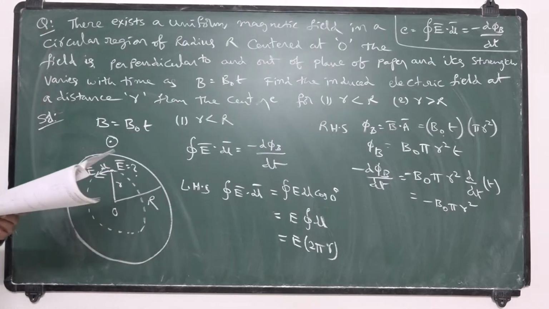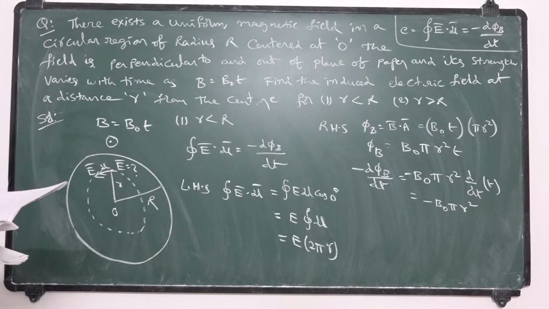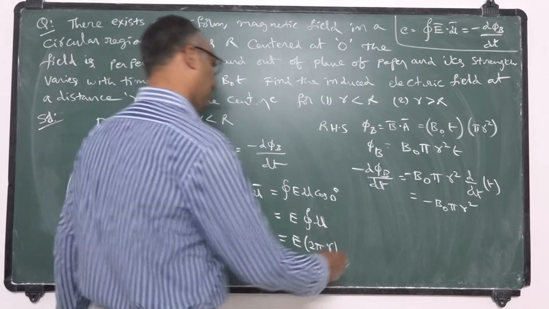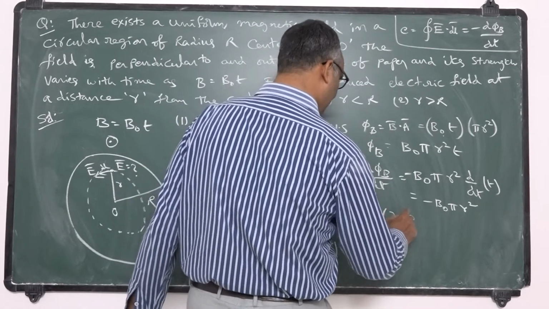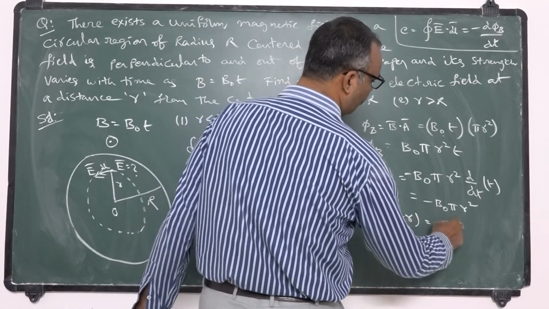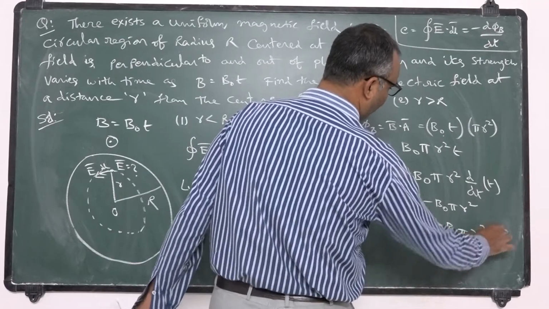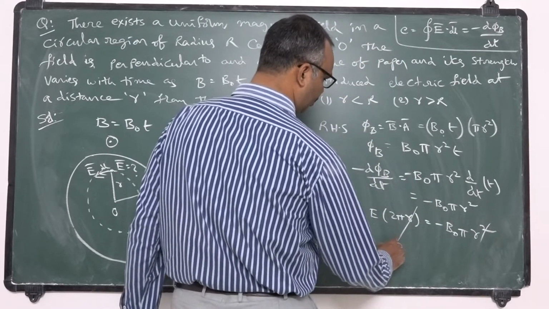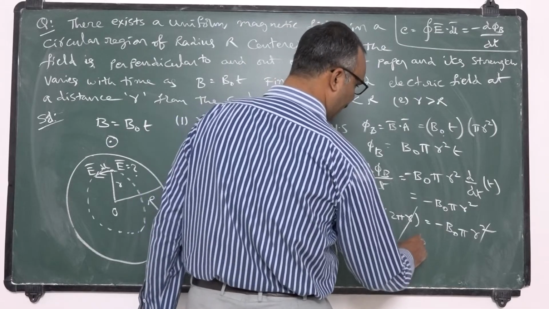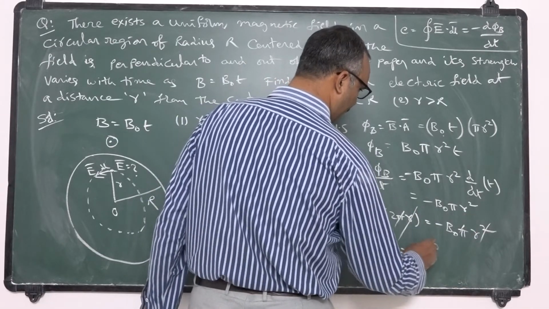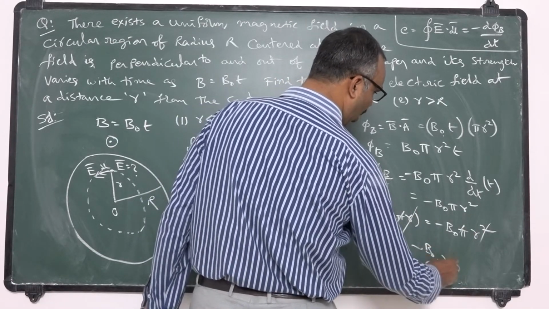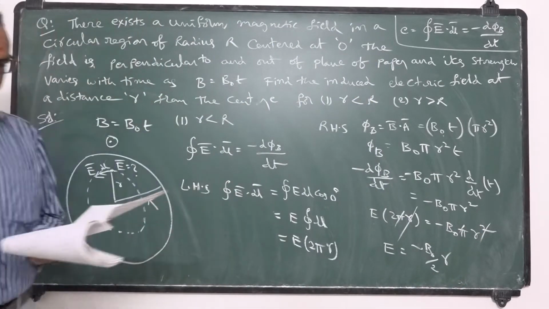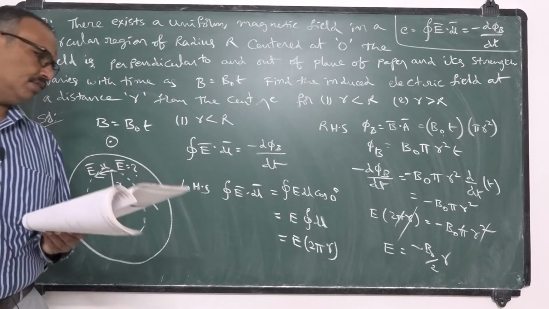If you equate the left hand side and right hand side expansions, E into 2 pi r must be equal to minus B naught pi r square. r and r square get cancelled, pi gets cancelled, so the electric field is given by minus B naught r by 2.